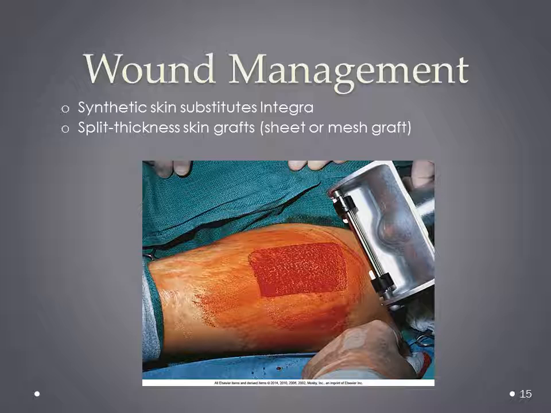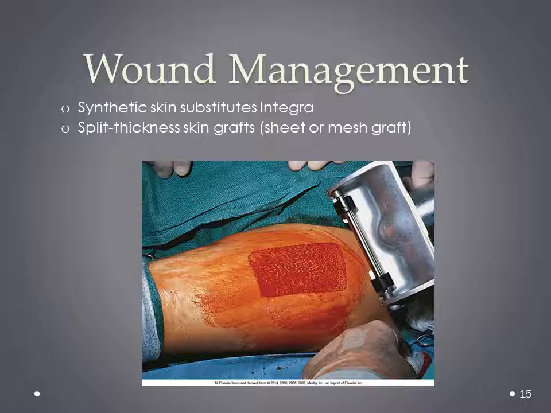Now, there is a product on the market called Integra, and this is synthetic skin. It's extremely expensive, but it has significantly improved wound healing and decreased scar formation. It can be applied to serious burns, partial and full thickness burns. And once you get the Integra in place, then you put the patient's own skin over that, and it significantly improves the healing of the wound.